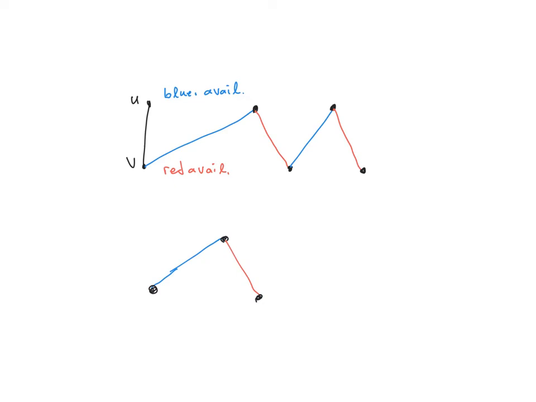And then you look at the possibilities. We note, of course, that because each of these vertices is incident to both a red and a blue edge, none of these vertices are U and V, so this is actually a path.